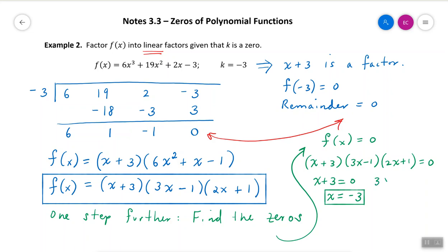Let's do 3x minus 1 equals 0. If you add 1 and divide by 3, you get 1/3. And we can box that one up. And then there should be room right down below to write the last one, 2x plus 1 equals 0. If you subtract 1 and divide by 2, then you have x equals negative 1/2.